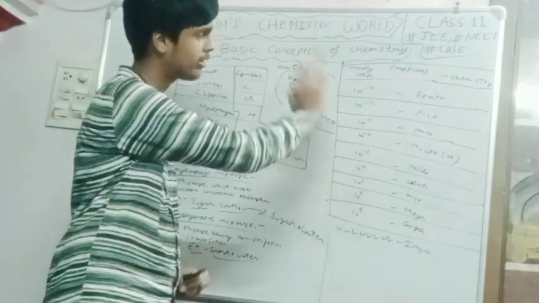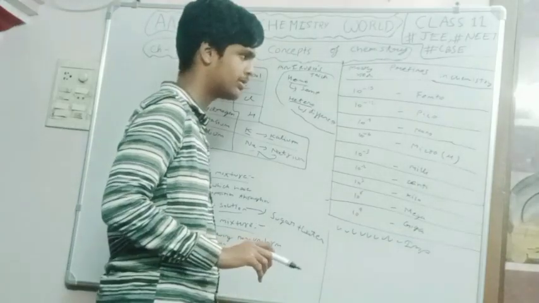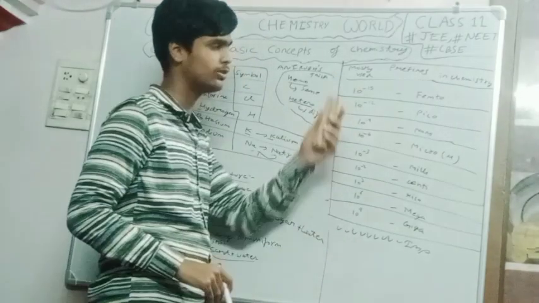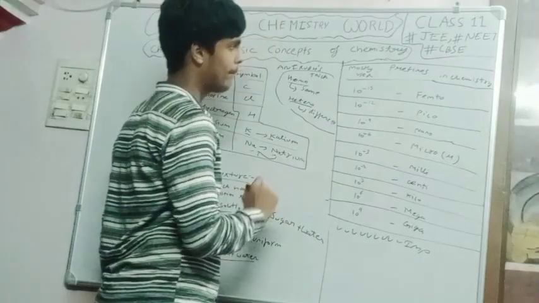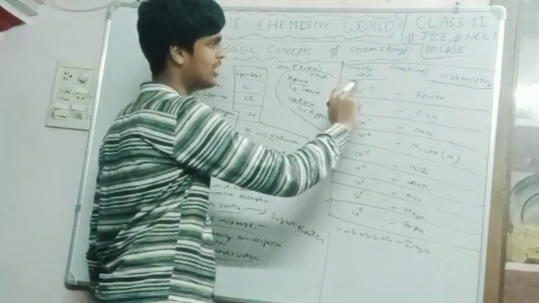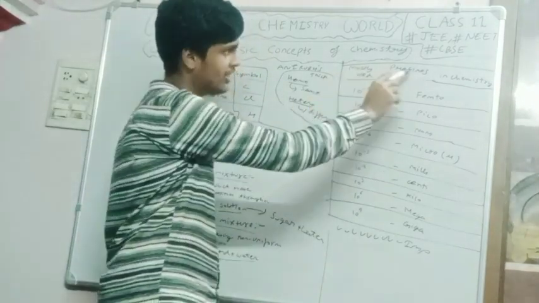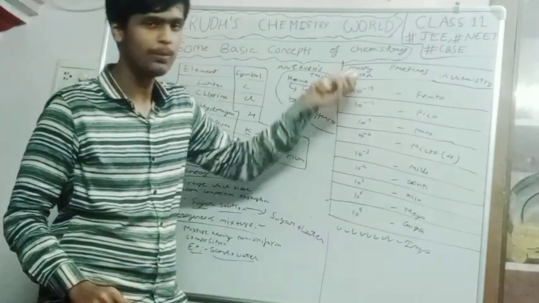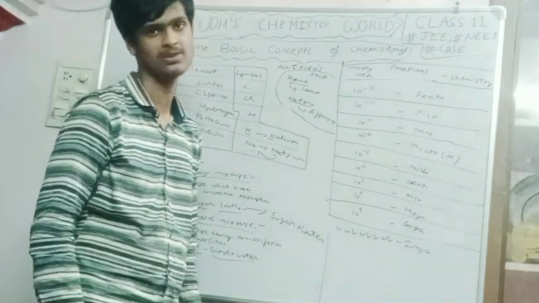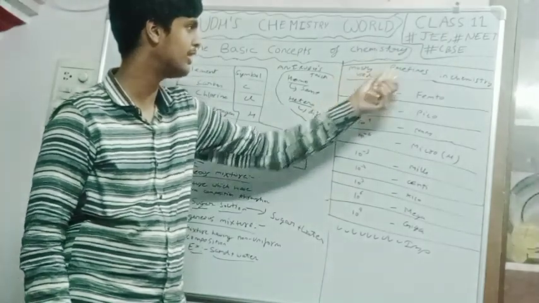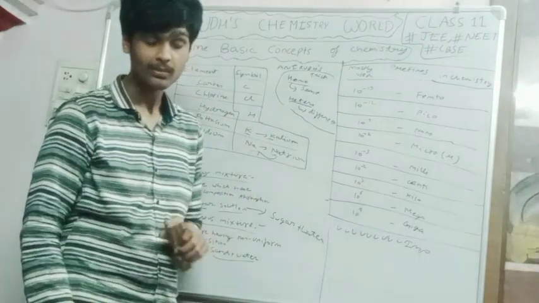Especially in physics you will see more, and in chemistry also not less. You just see this: mostly used prefixes in chemistry or physics. These prefixes are nothing but 10 to the power of some number, and they have specific names. So mostly used prefixes are these.